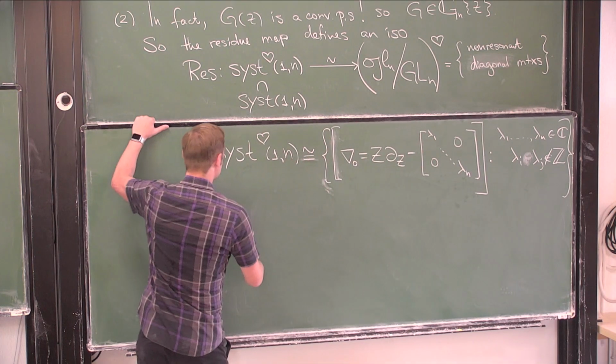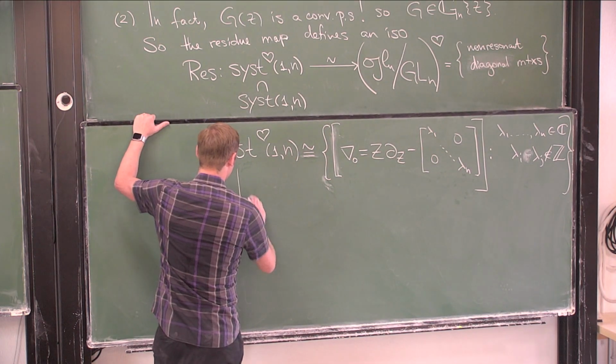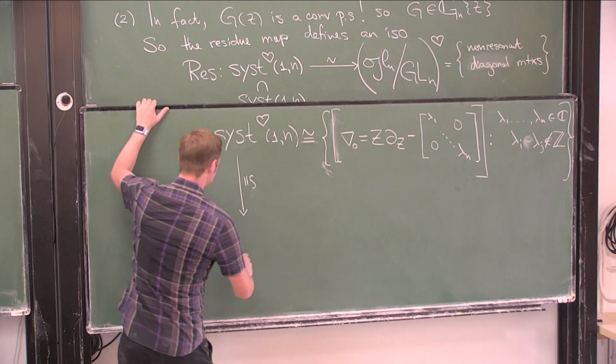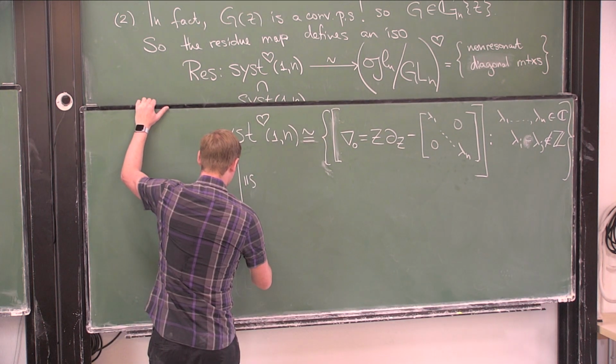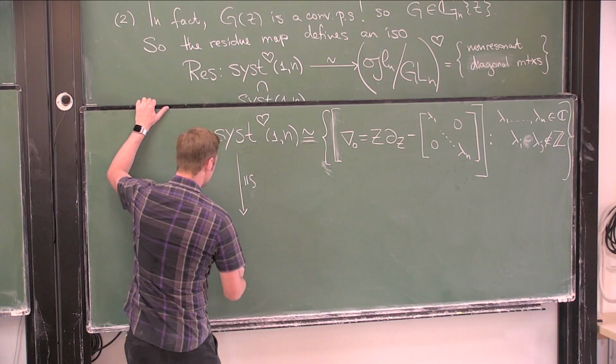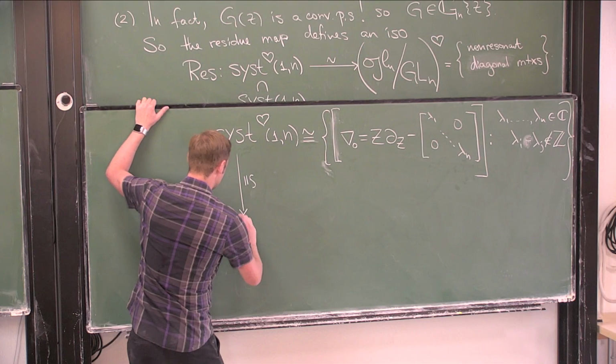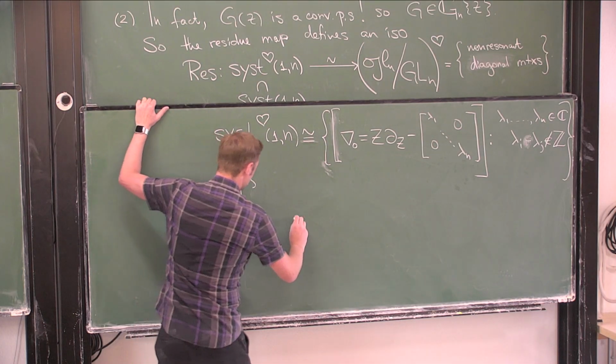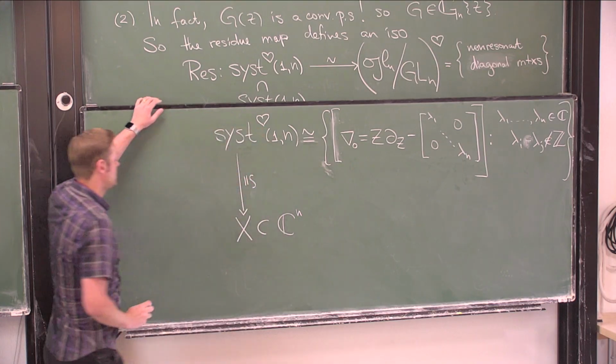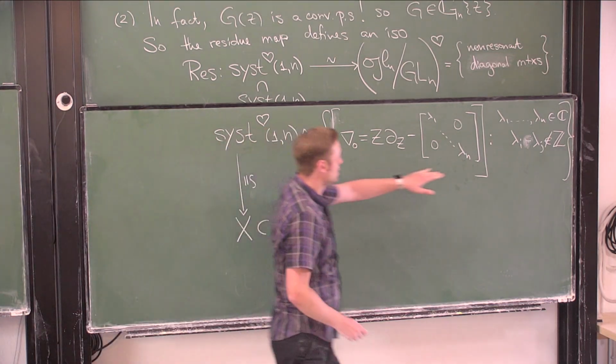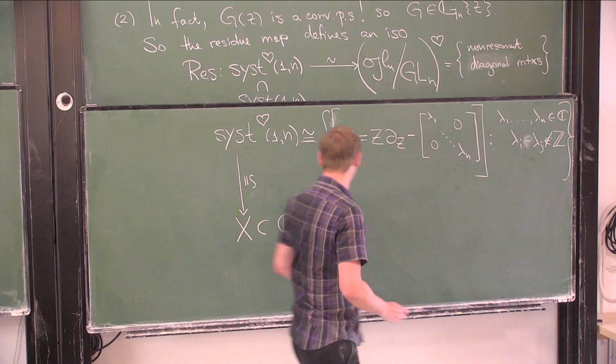So that means there is a map, an isomorphism, with a subset of C to the n, which is given by these algebraic equations.